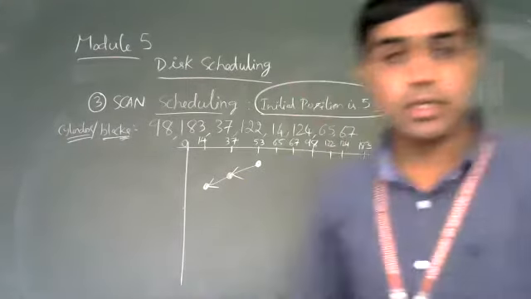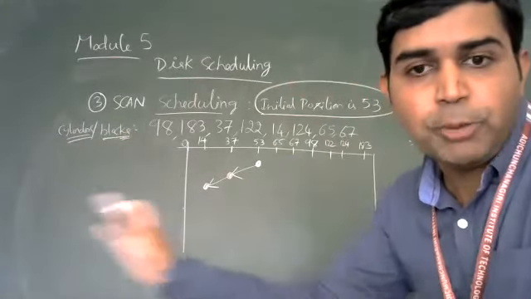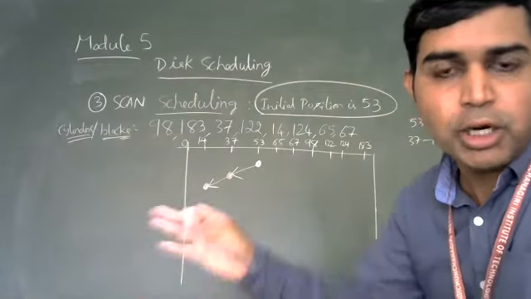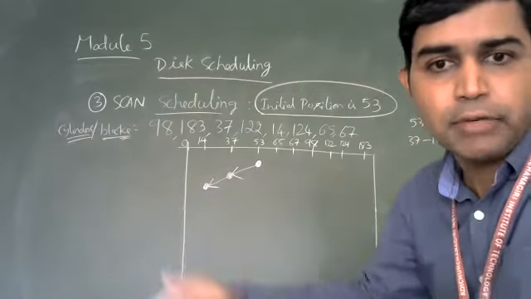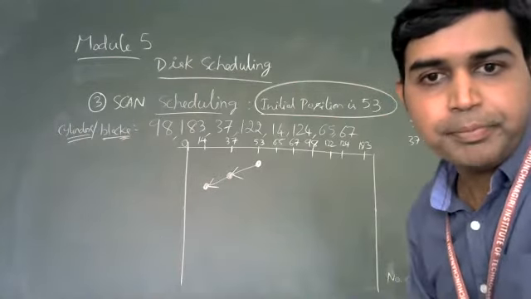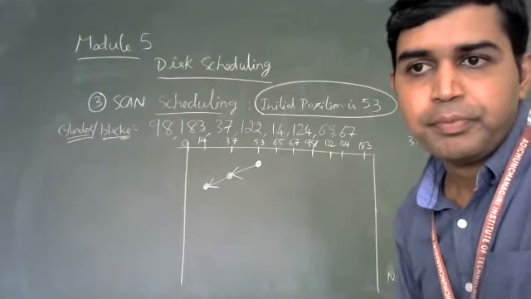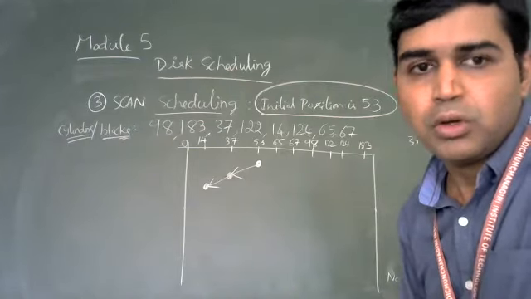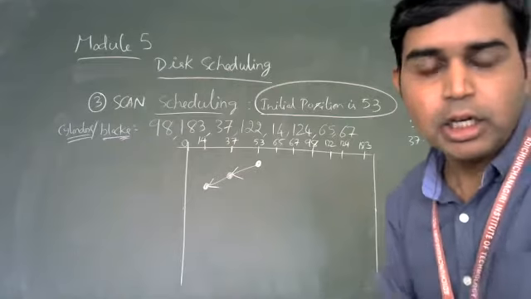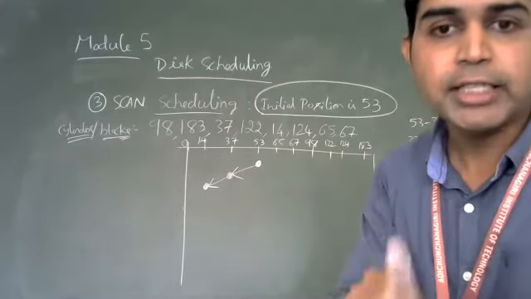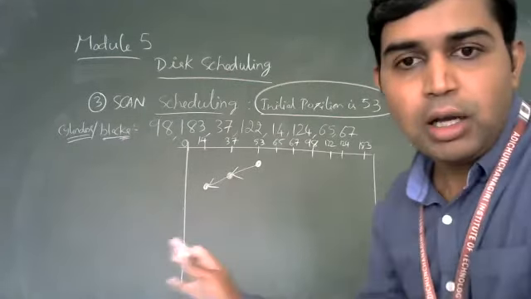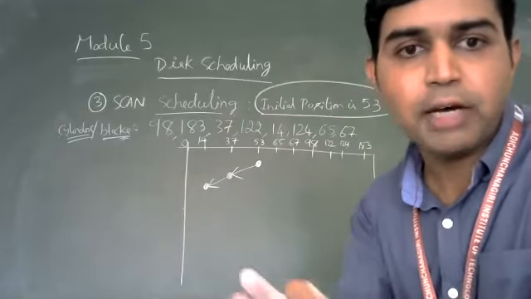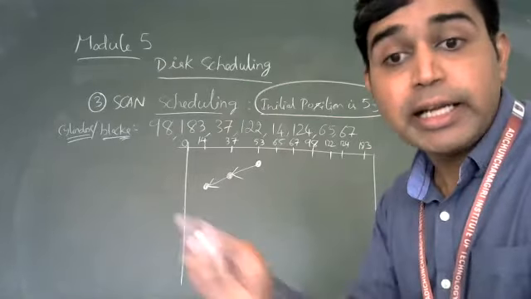Okay, now observe this. All the cylinders to the left part are over, correct? Do you have any other cylinders left towards the left part? No, that is the end. In the scan scheduling algorithm, whenever all the cylinders on one side of the disk are over, it will reach the end.